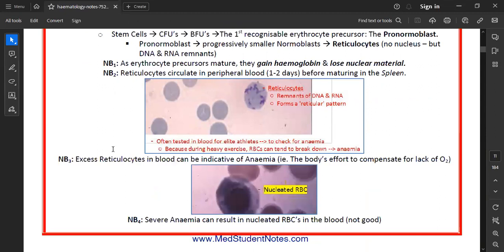We know reticulocytes from our blood tests are usually indicators of the continuous process of erythropoiesis. It indicates that there is active erythropoiesis, and of course, it has a normal range for the number of reticulocytes you expect to see when you do a blood count.